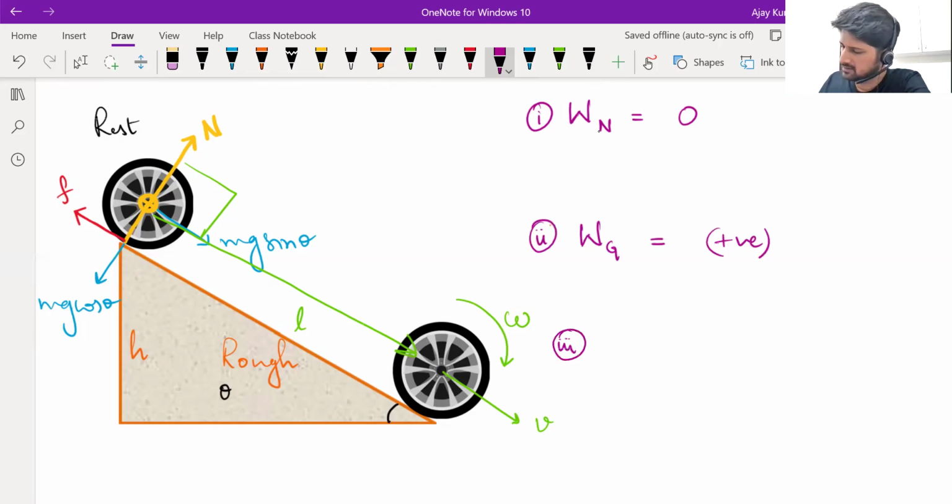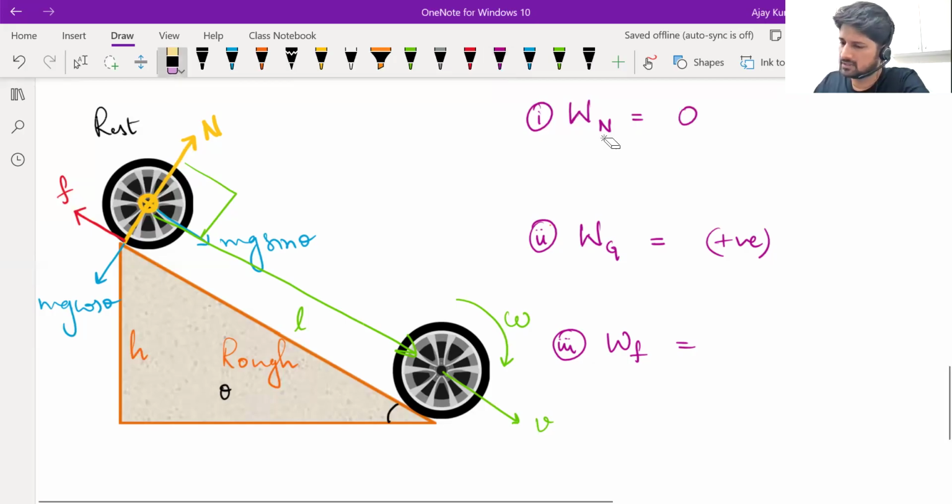Next. What about work done by friction? Aishwarya, can you guess? No response. Okay, Vanilla, what do you say? Negative, sir.